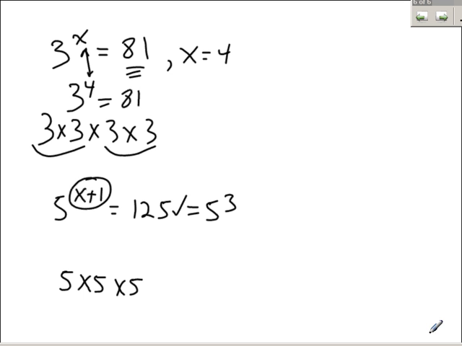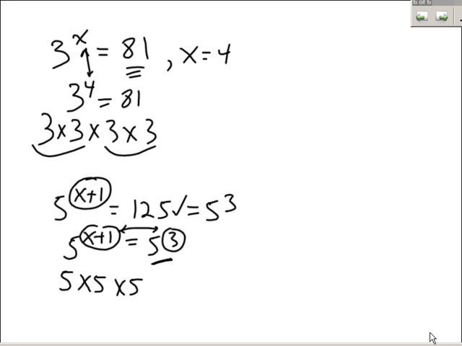125 is 5 cubed. 5 to this power is equal to 5 to that power. These powers have to be the same. You can't multiply 5 times itself a different number of times and get the same answer.